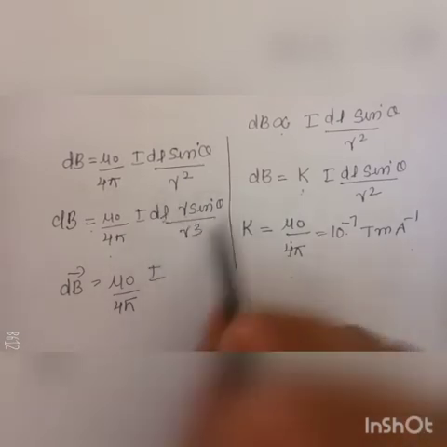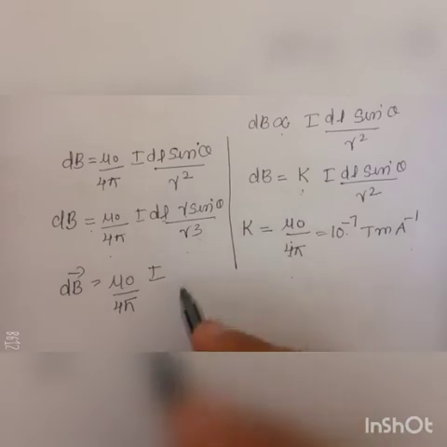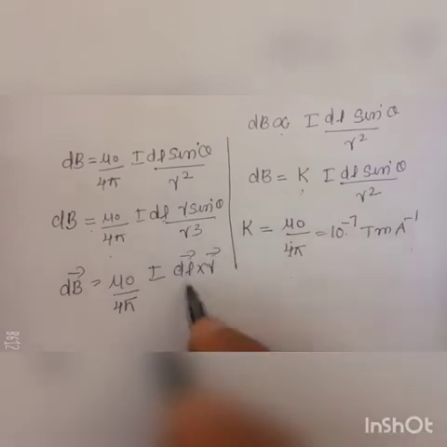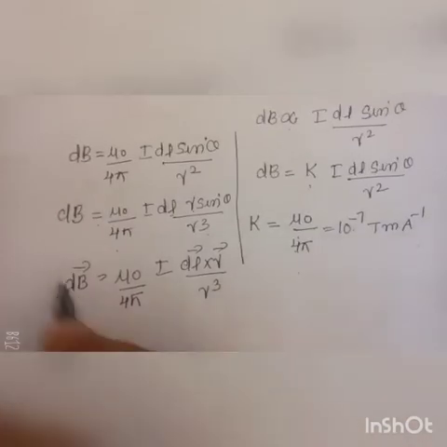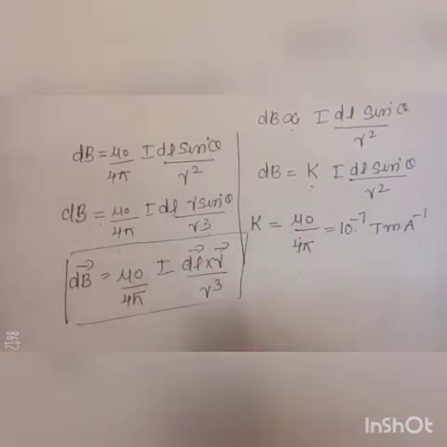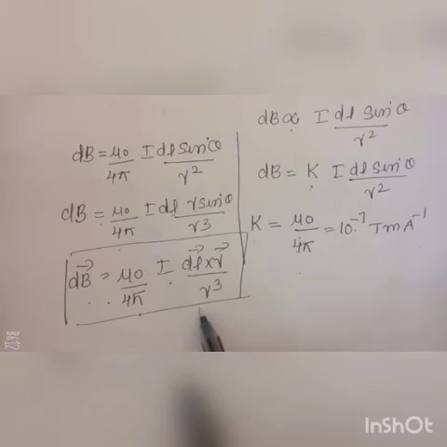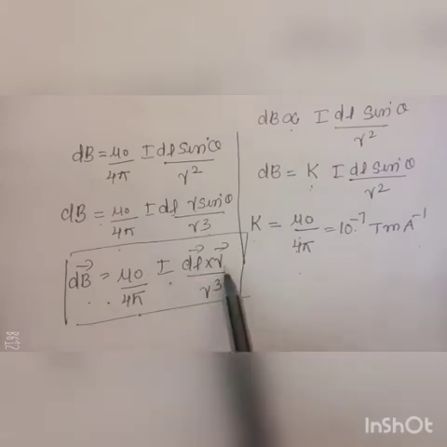How can we write it in vector notation? It is dl cross r divided by r cube. So this is the Biot-Savart law: dB is equal to mu 0 by 4 pi I dl cross r divided by r cube. The direction of dB is the direction of the vector dl cross r.